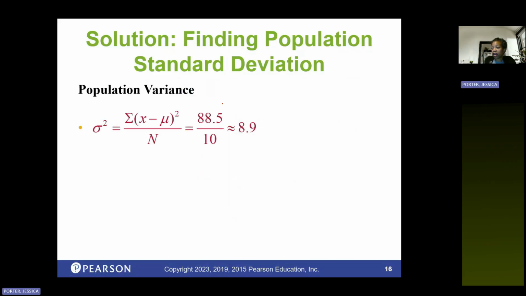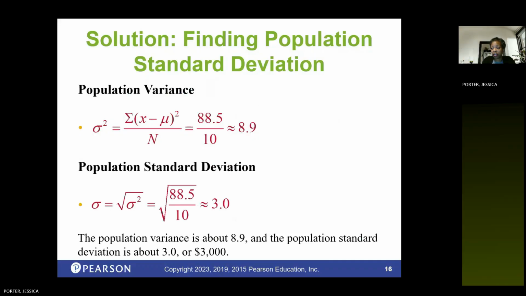So 88.5 divided by 10. That's the number of points in that data set. And my variance then is going to be 8.9. Well, we're going to take the square root of that to get the standard deviation. And so the standard deviation is about 3.